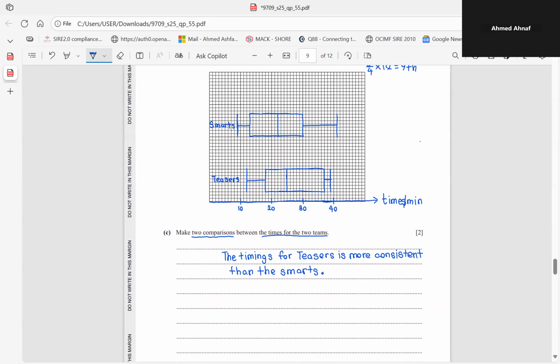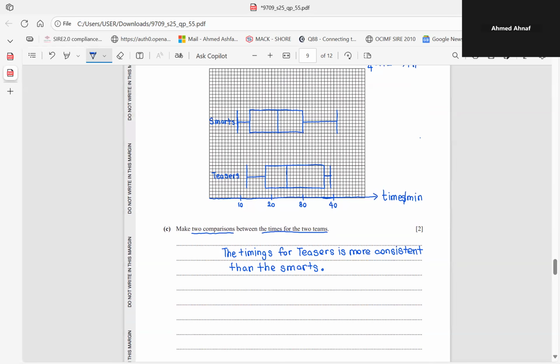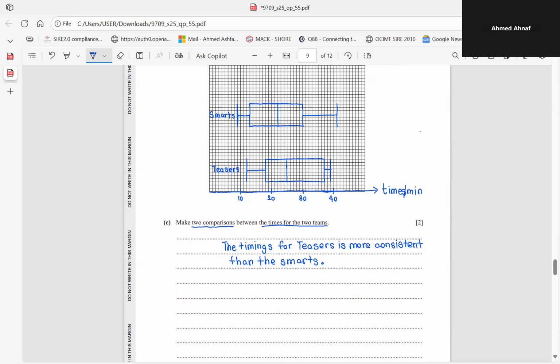And now for the second one, let's take a look at the median, okay? As you can see, the median for smarts is actually lower than that for the teasers, as well as the minimum value.